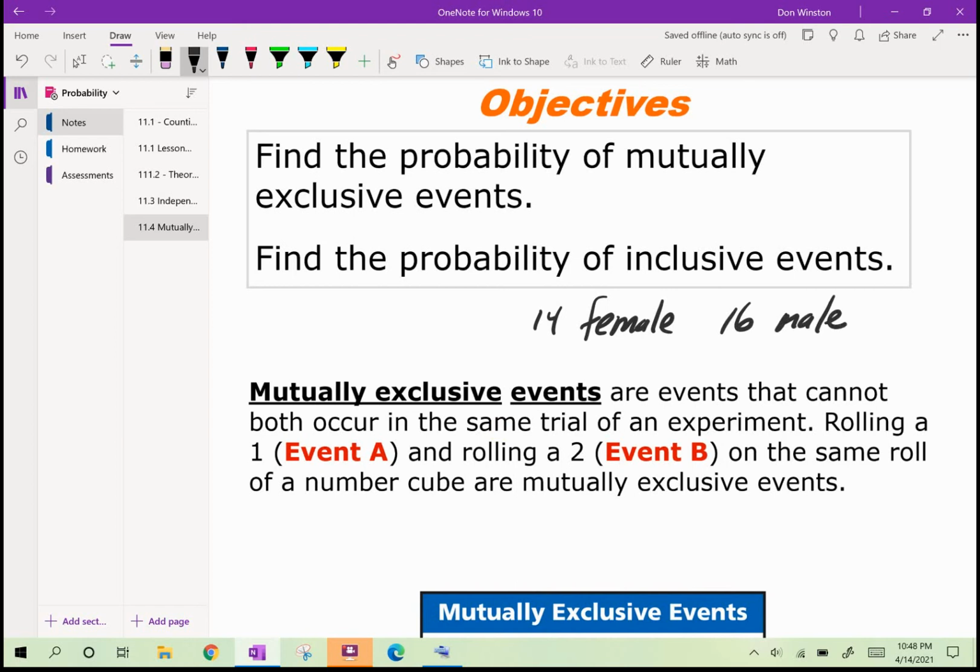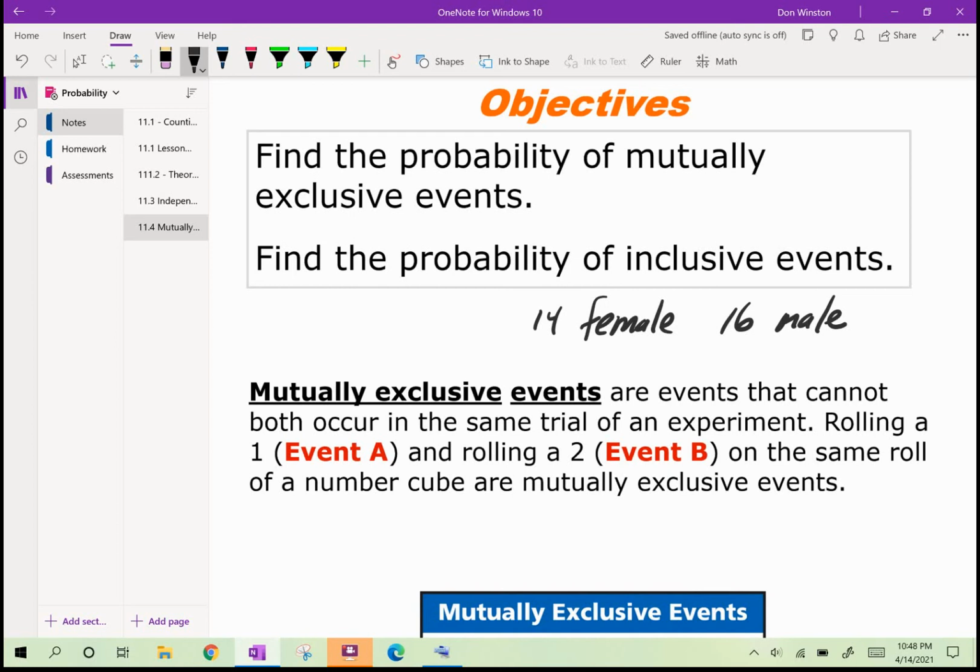What's the probability of me selecting a female? Well, that would be 14 out of 30. But if I select one student, I can't select both a female and a male at the same time. That would be impossible. I'd select either one or the other.